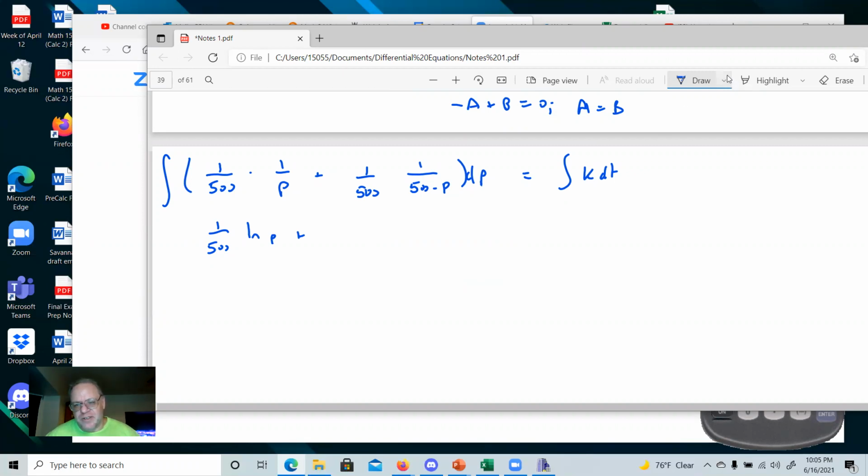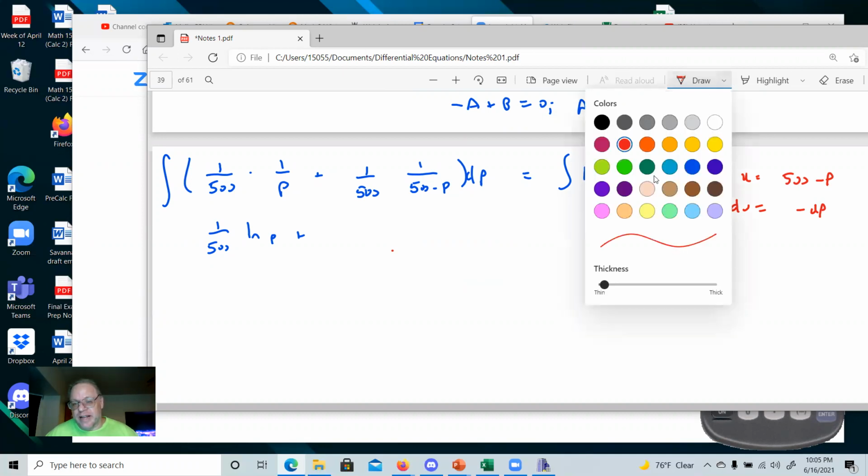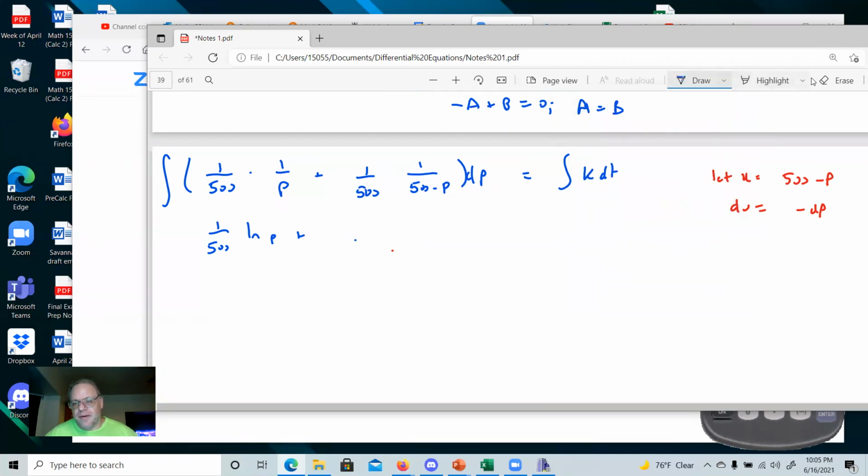If you need to, we could set u equal to 500 minus P, du equals negative dP. So there's really a negative sign in here, so we're going to account for that, and this is going to be a minus 1/500 ln(500 minus P) is equal to kt plus C.